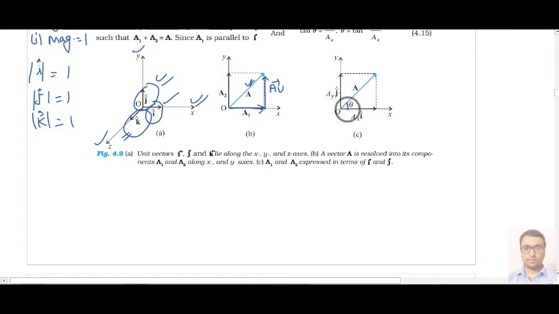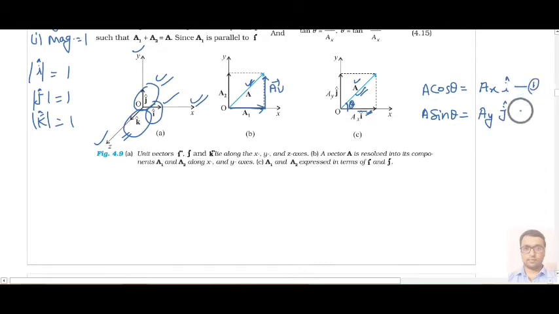For that, if we know this angle theta, then we will say that the horizontal projection along x axis will be A cos theta, and that will be the magnitude of vector A along x axis multiplied by unit vector i. Similarly, the vertical component of A will be A sin theta, and that will be given by the magnitude along y axis multiplied by unit vector j.